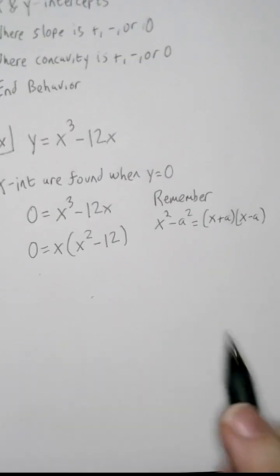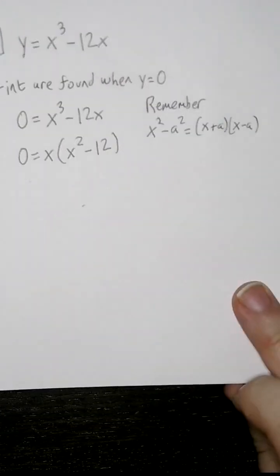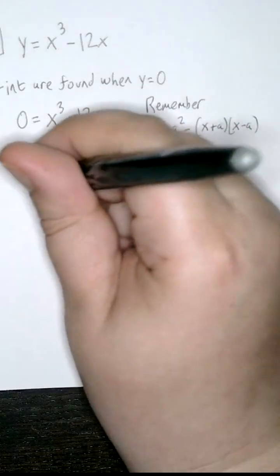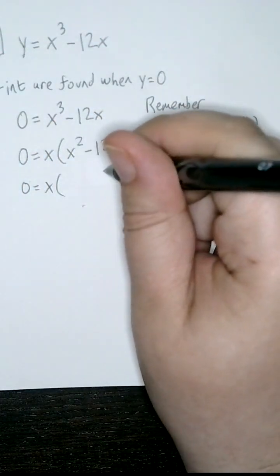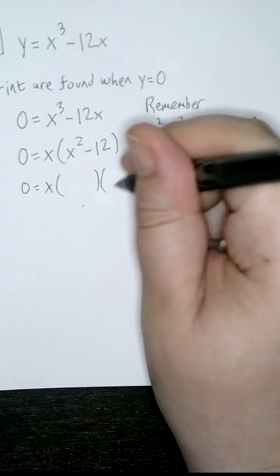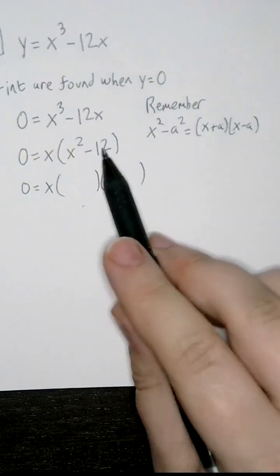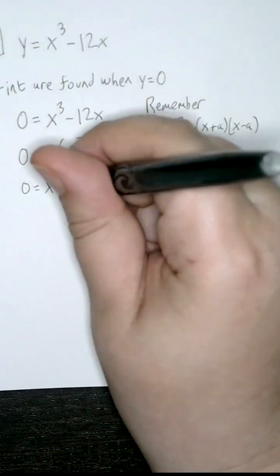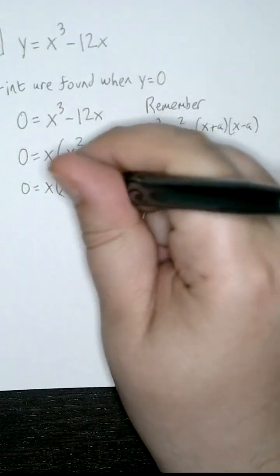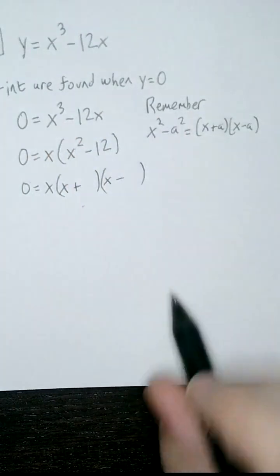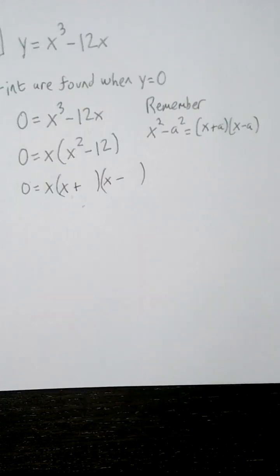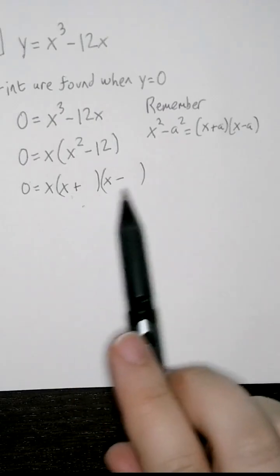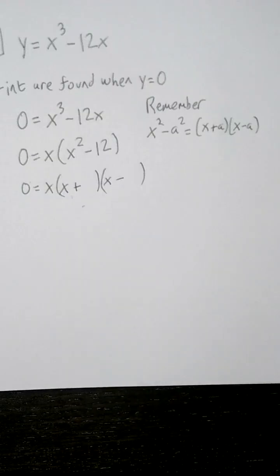So here, remembering that rule, I have 0 equals x times the following. I have an x here and an x here, a plus here and a minus here. And it doesn't matter which sign goes with which one, right? Does it matter whether I put plus first or minus first?